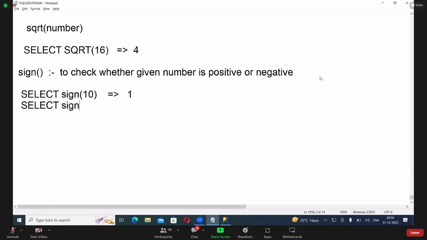Sign of minus 10: the number is negative, so it returns minus 1. Positive 1, negative minus 1. Sign of 0 returns 0. If positive it returns 1, negative minus 1, zero 0. That's all.